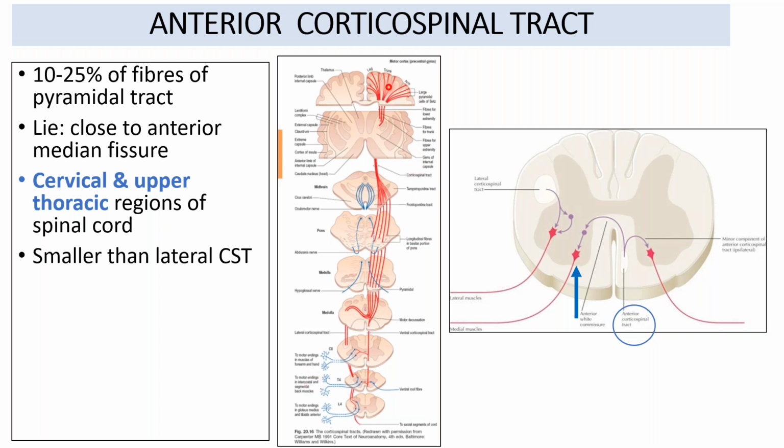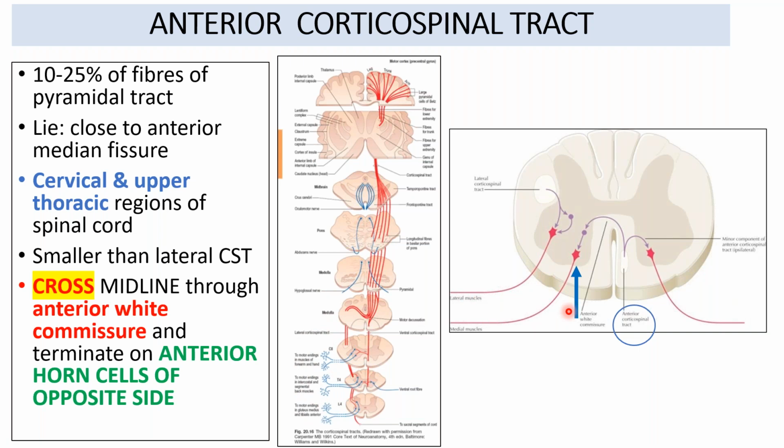So by this picture, one thing is clear: if the corticospinal tract arises from one particular side, the majority of fibers cross at the level of pyramidal decussation in the medulla and then descend down the spinal cord to synapse with the motor neuron of the opposite side. Or the anterior corticospinal tract, which descended down on the same side, then crosses at the spinal cord level to supply the motor neuron on the opposite side. So in both conditions, the corticospinal tract is majorly supplying the opposite half of the body.